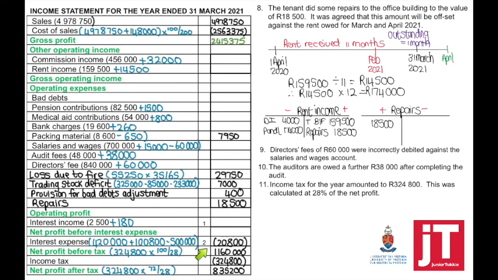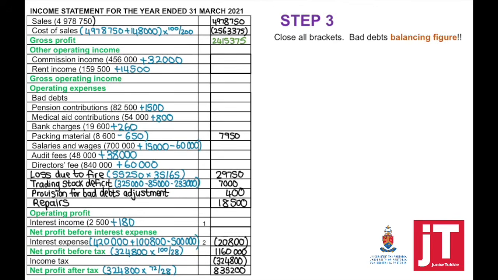So to calculate the net profit before tax, we would then take the net profit after tax plus the income tax. Once we've completed all the adjustments, we are going to close all the brackets. Reminder, bad debts had a question mark. It means it's the balancing figure.